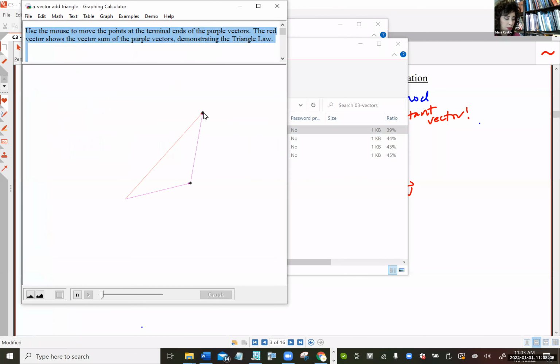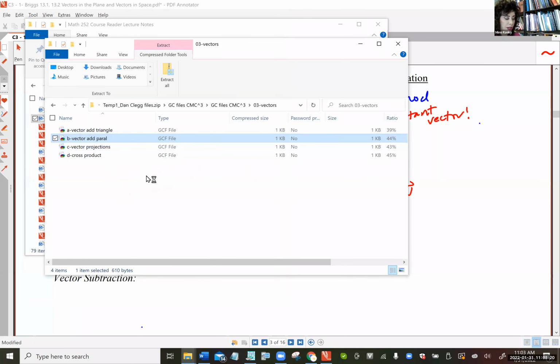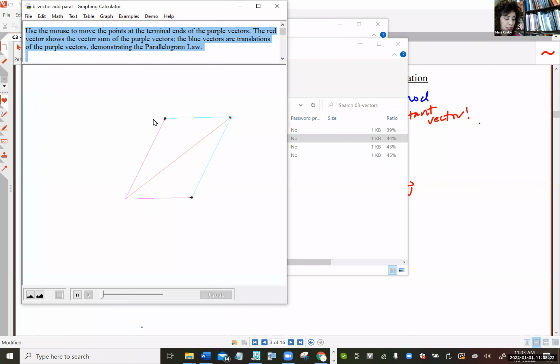So here's what it looks like when you're adding vectors using that triangle method. I can move around that point, and the red vector is the sum of the two pink vectors. Whoa, that looks pretty. And then if you're using the parallelogram law, you're adding those two pink vectors together, and the parallelogram diagonal is the sum there.